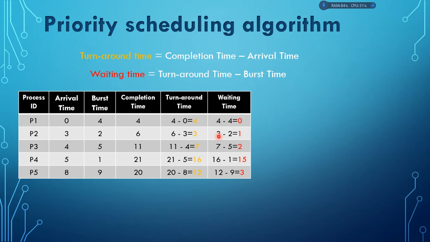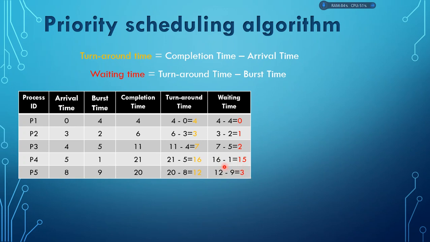Process 2 with the turnaround time of 3 minus its burst time of 2 equals 1. P3, 7 minus 5 is equal to 2. P4, 16 minus 1 is equal to 15. And P5 is 12 minus 9, which is equal to 3.